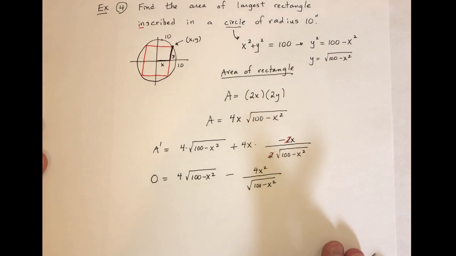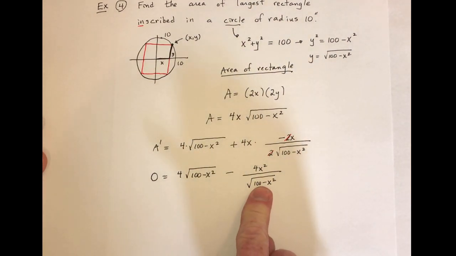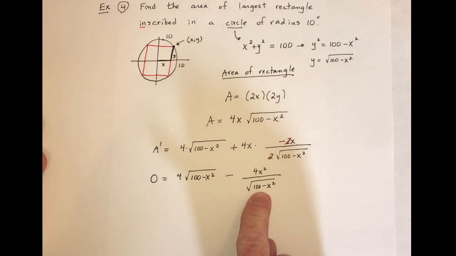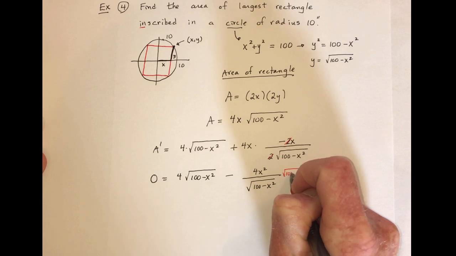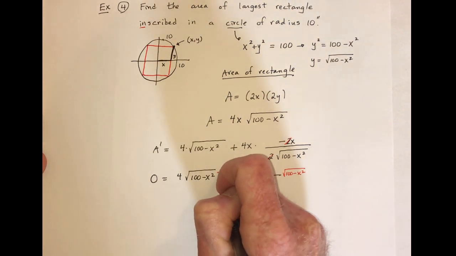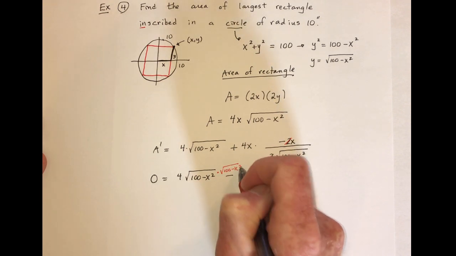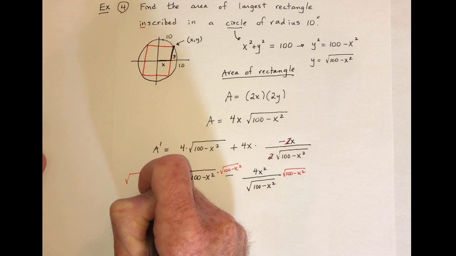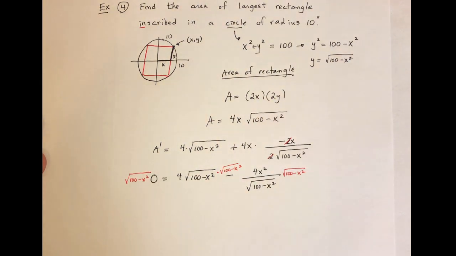Okay, so we're able to simplify it a little bit. Then what I'm going to do is clear out this denominator. So I'm going to multiply both sides by the square root of 100 minus x squared. Also multiply this one, and also multiply this side by the square root of 100 minus x squared.